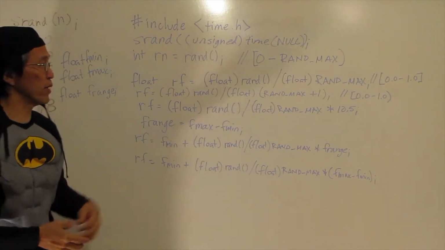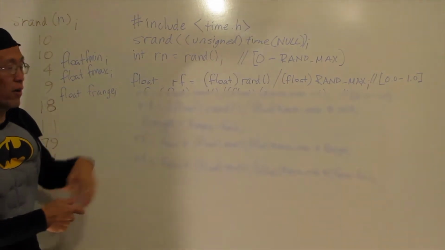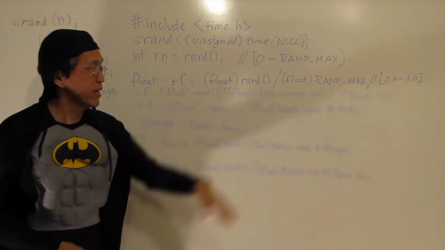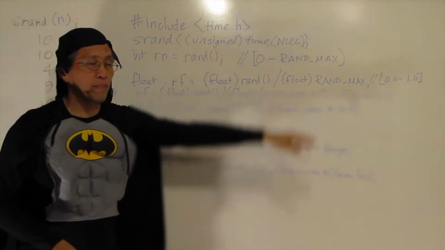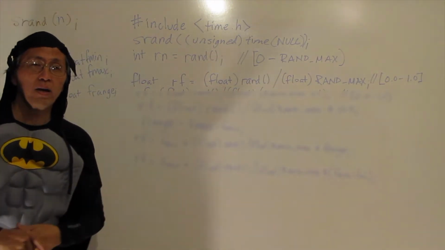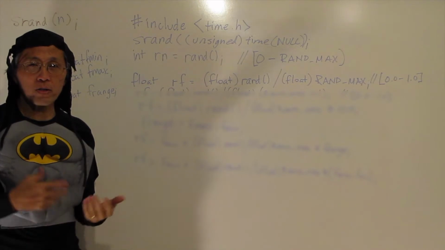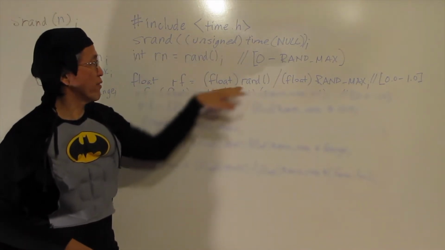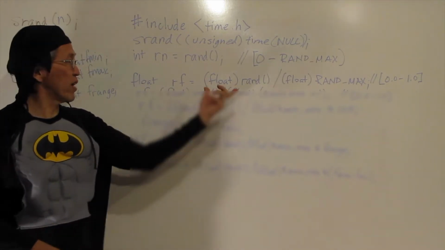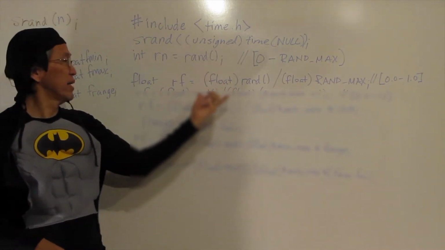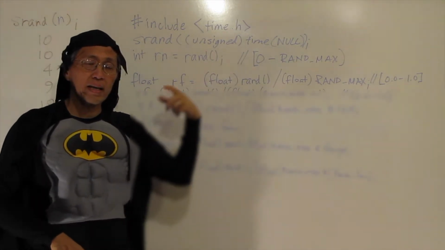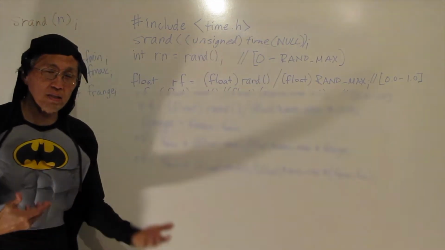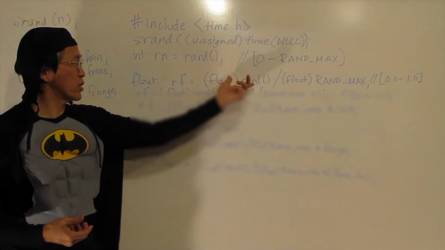because we have to do what's called typecasting. So I do float rf is assigned the value float(rand()) divided by float(RAND_MAX). Hopefully you recall typecasting, or some people just call it casting. What it does is make whatever comes after it into a floating point number.